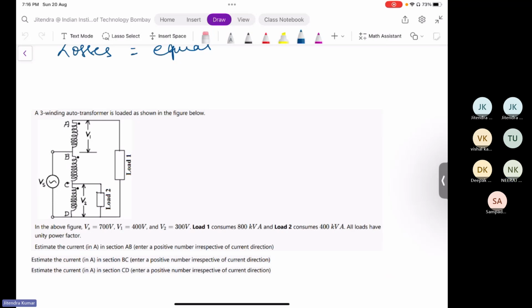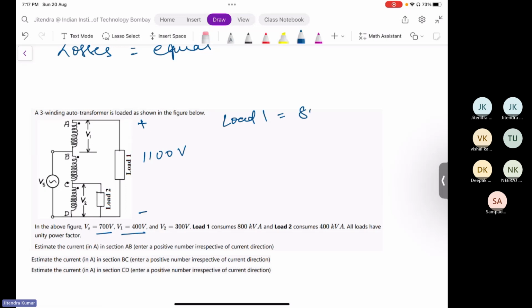Sir, 1100 volt. That's correct, 700 volt plus V1, so 1100 volt.